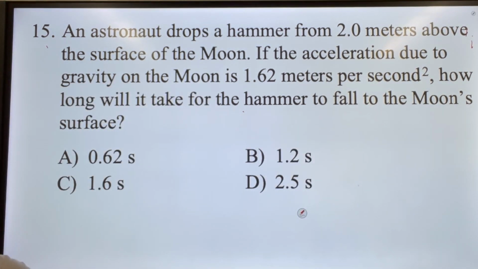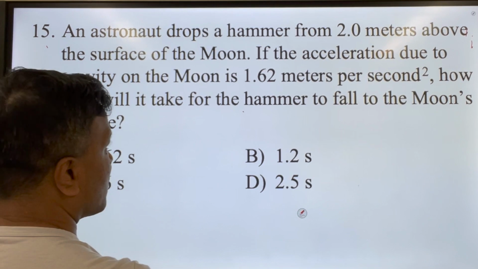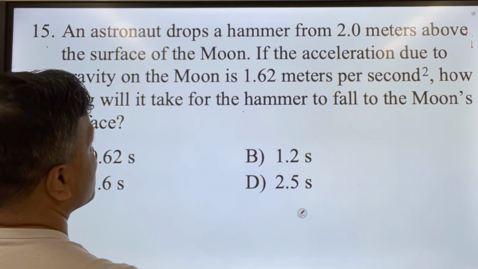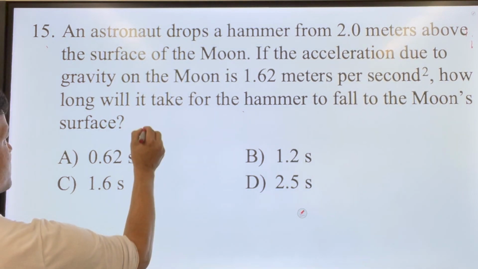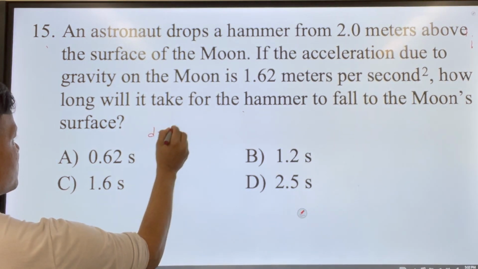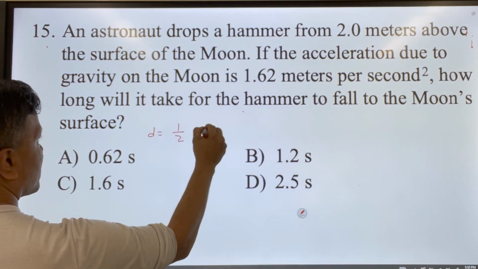Again, an astronaut drops a hammer from 2 meters above the surface of the moon. If the acceleration due to gravity on the moon is 1.62 meter per second squared, how long will it take for the hammer to fall to the moon's surface? So how long? Here we want to find the time. So d is equal to half a t squared, right?